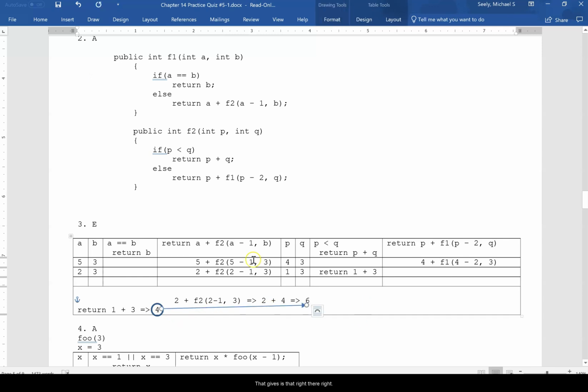That gives us that right there, right? Our 6. And then we got to, again, pop back up the stack here, which gives us 4 plus F1, 4 minus 2, comma 3. And that would give us 4 plus 6, which is 10.